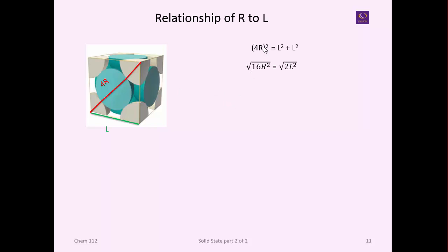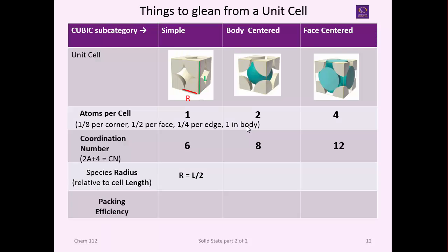Simplify down a little bit. 16R squared equals 2L squared. Just take the root of both sides. 4R equals L square root of 2. Divide over by 4, and you solve that R equals L times the square root of 2 over 4. So now we have all these relationships: how the radius is relative to unit cell length, which you can find with X-ray diffraction.